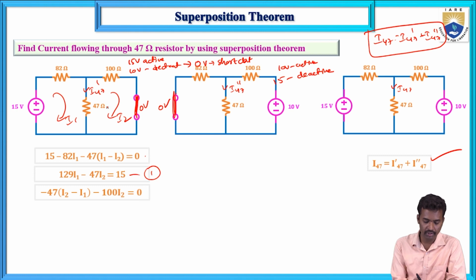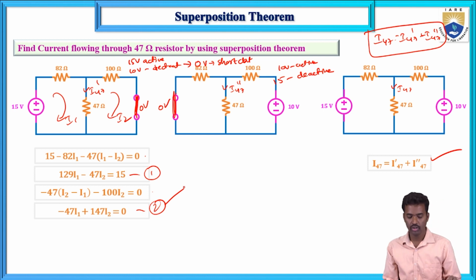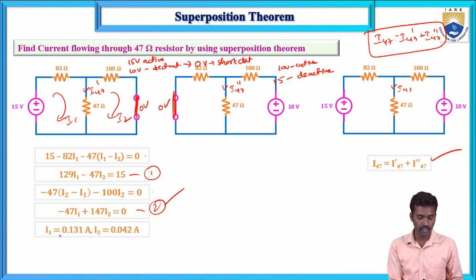If you apply KVL in this loop, 47 times I1 minus I2, minus I1 and 100 I2 equals 0. Simplifying, minus 47 I1 plus 147 I2 equals 0. That is equation number 2. If you solve these two equations, you will get 0.131 and 0.042.